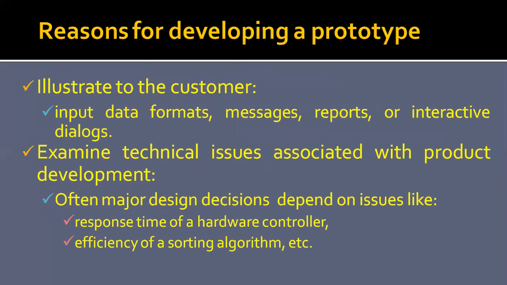That is the reason for developing them. The prototype model is advantageous for specific types of projects, and we identify three types of projects for which this model can be followed to advantage.